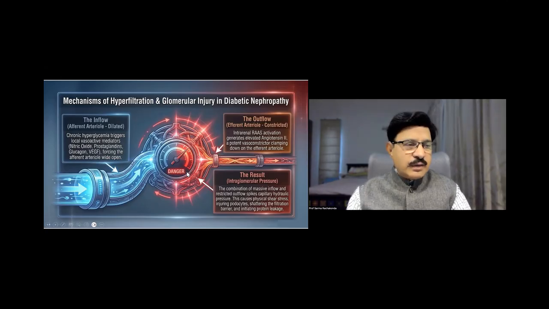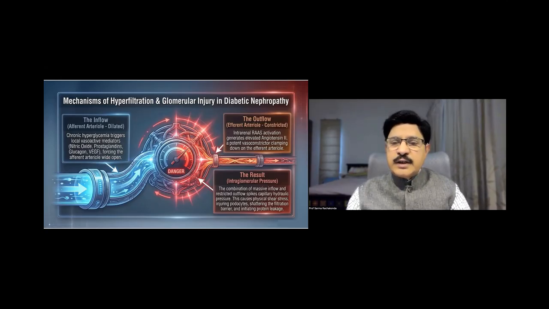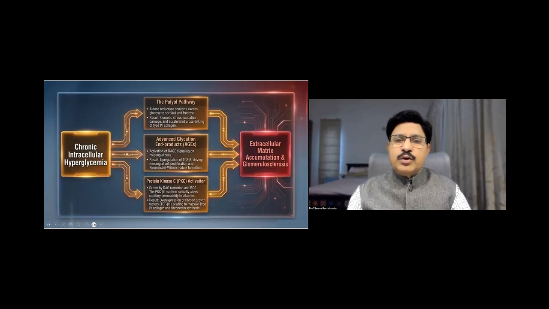This causes physical shear stress, injuring the podocytes, shattering the filtration barrier, and initiating the protein leakage. The podocyte effacement occurs, the basement membrane is thickened and subject to stress, the filtration barrier is affected, and protein leakage starts. So, understand, this is the mechanism of glomerular injury.